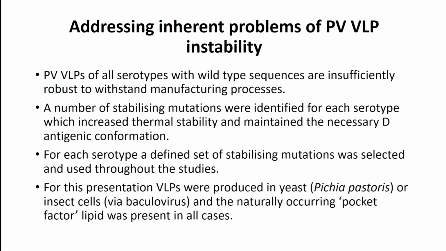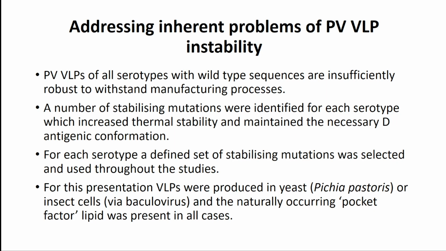But the drawback is that they are inherently much less stable than the virion and convert readily from the effective D-antigenic conformation to an ineffective C-antigenic conformation, and probably are insufficiently stable and robust for downstream manufacturing processes.